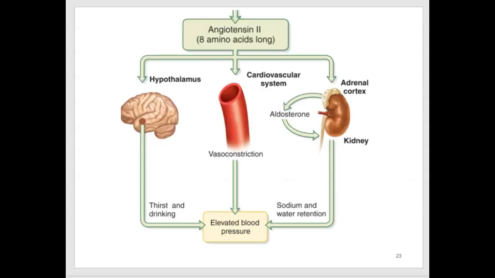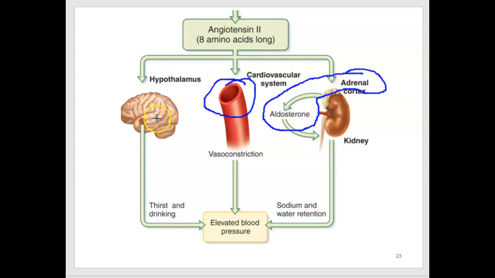So here's a diagram that shows all the things that angiotensin can do, sort of, almost all. Vasoconstriction, which will increase glomerular filtration, but in addition, angiotensin II acts on the kidney to promote reabsorption and on the adrenal cortex to make aldosterone, which promotes reabsorption.